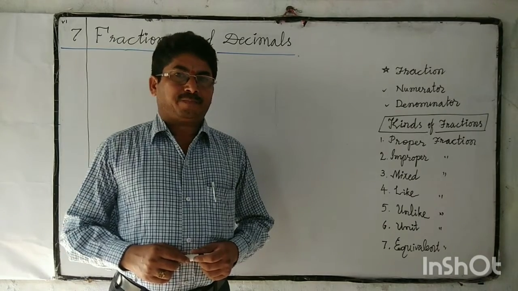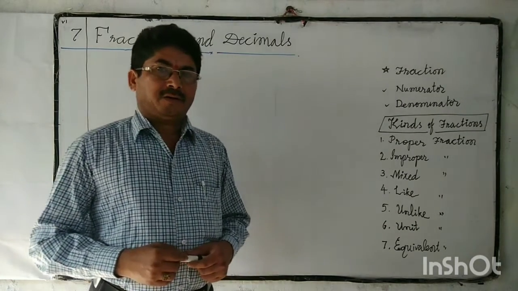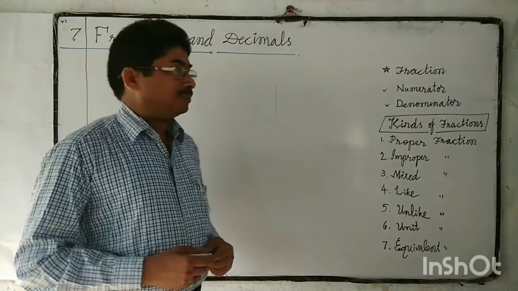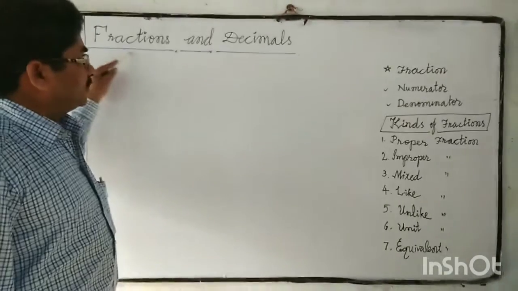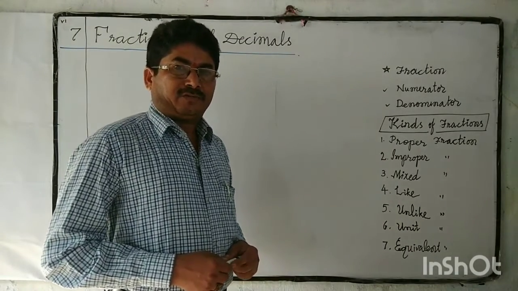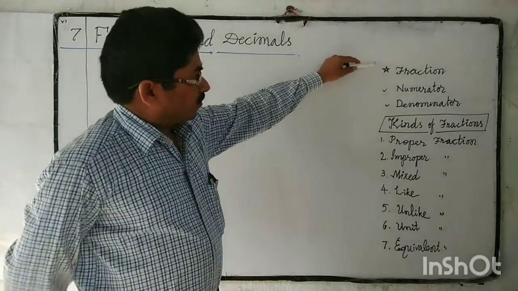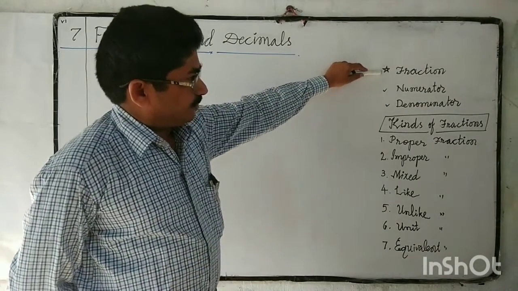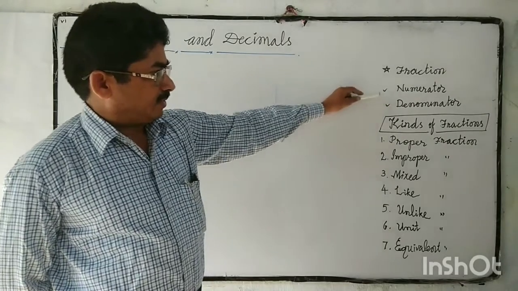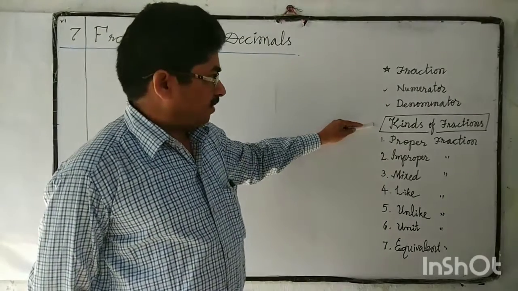Hello children, welcome back. In this video, I would like to teach you fractions and decimals. In this chapter, first we have to learn what is a fraction, numerator, denominator, and kinds of fractions.